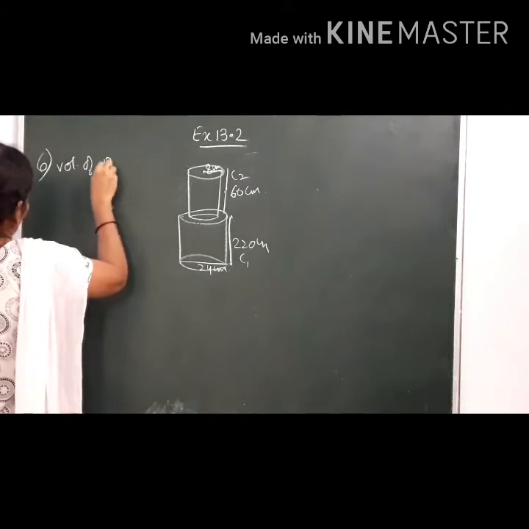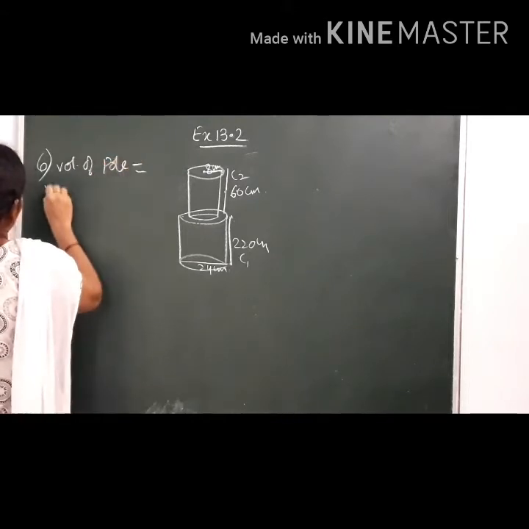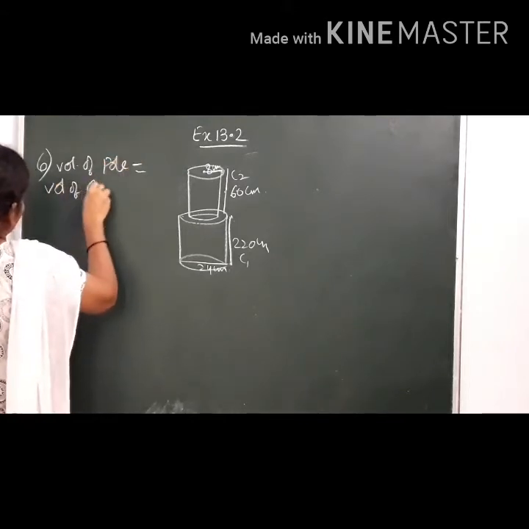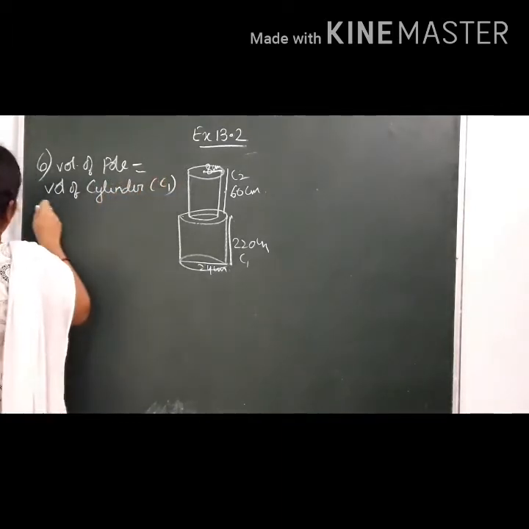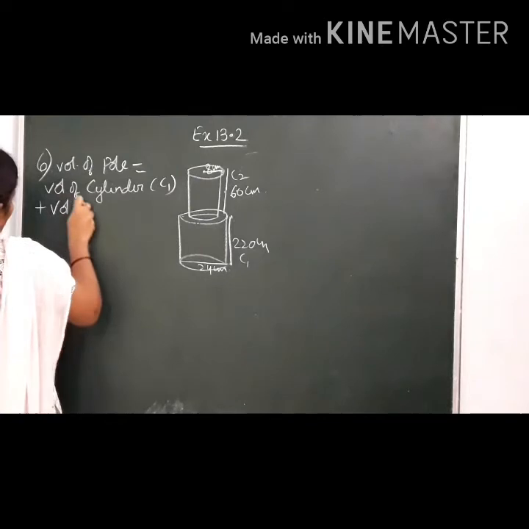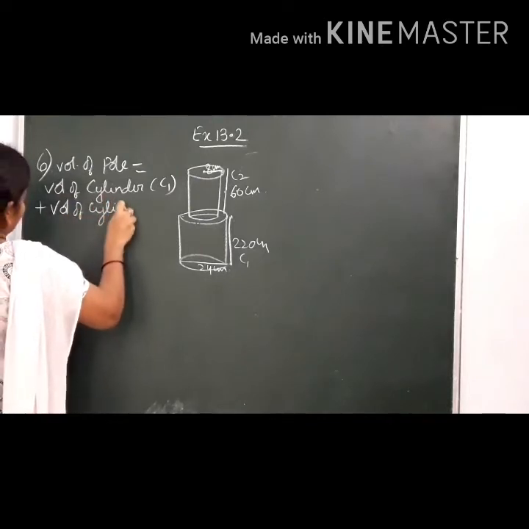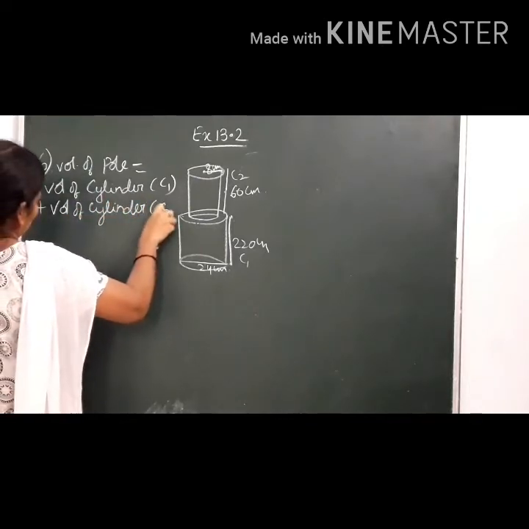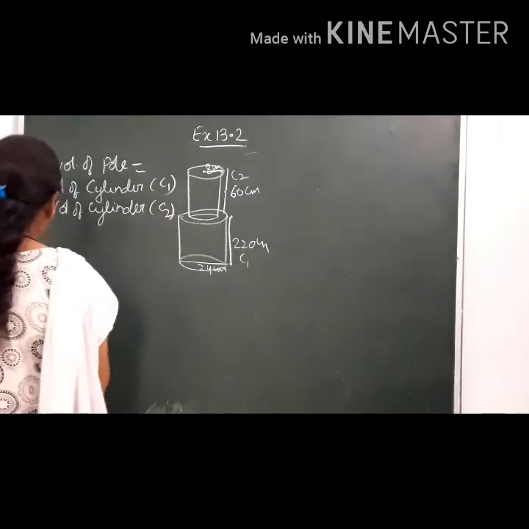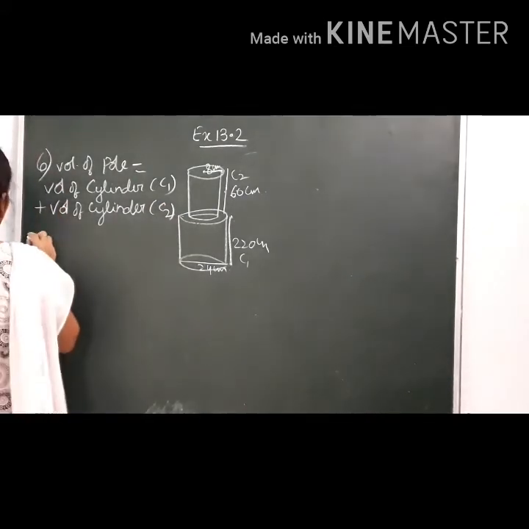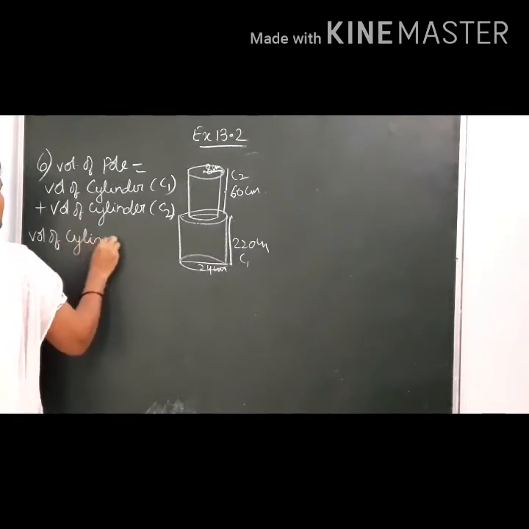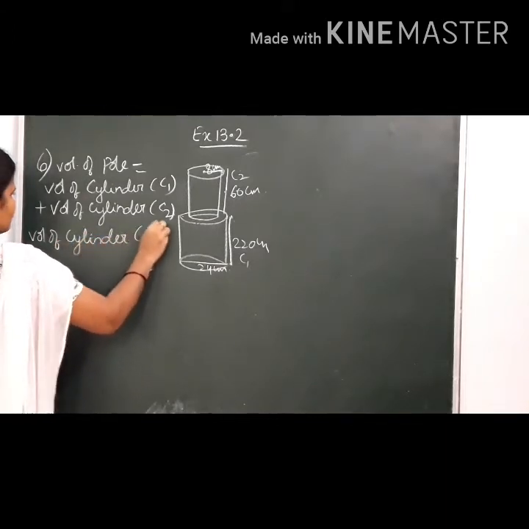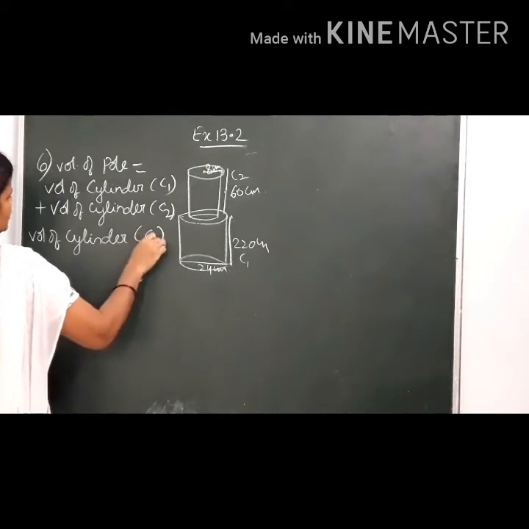Volume of pole is equal to volume of cylinder 1, that is C1, plus volume of cylinder C2. So first of all we have to find the volume of the cylinder C1. What is the formula here?